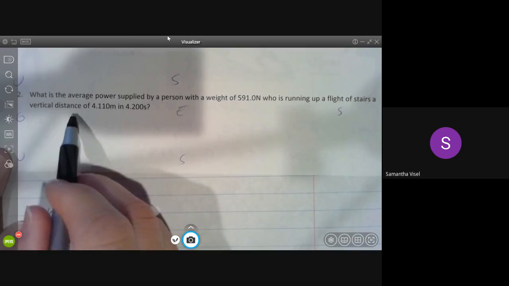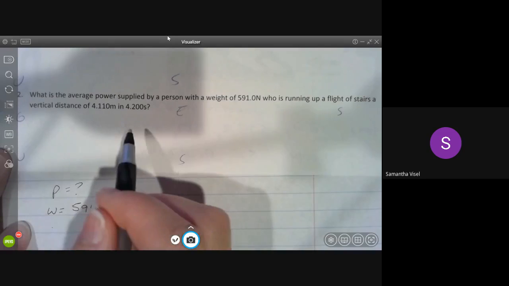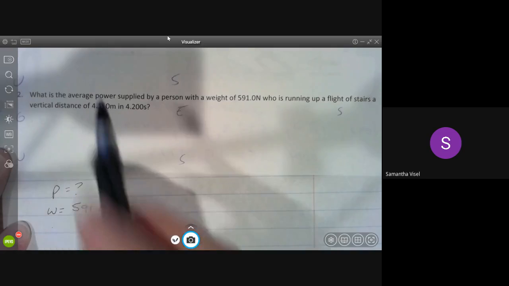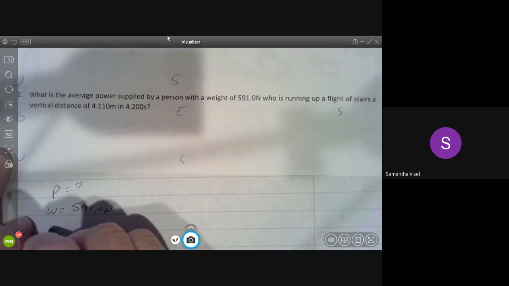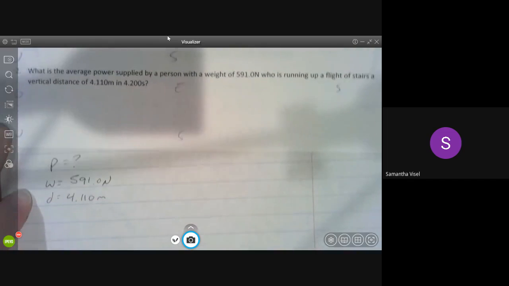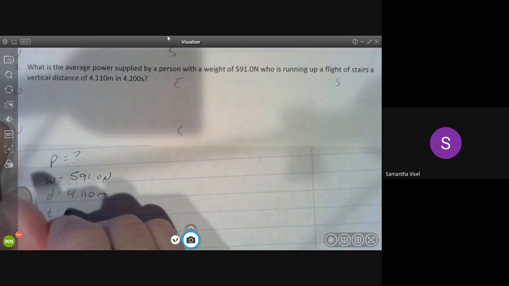So I have distance. Again, if it's just a straight line motion, your distance is the same as your displacement. So that's the displacement here, distance of 4.110 meters. In 4.2 seconds.